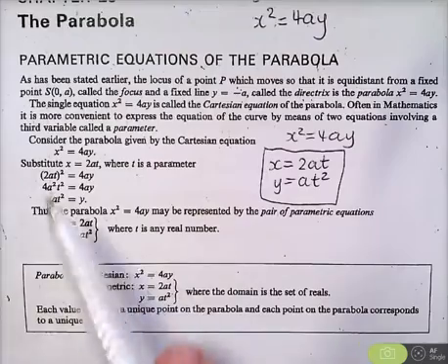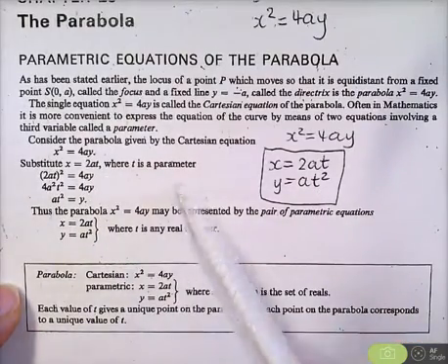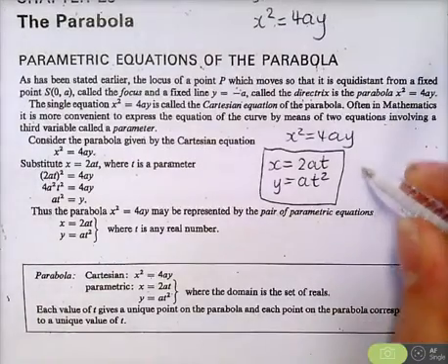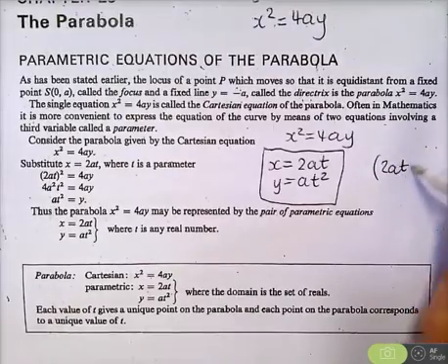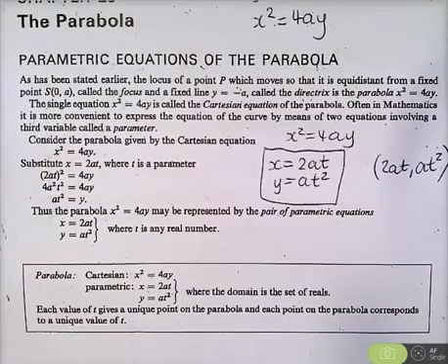Always with this type of parabola, instead of having x squared is 4ay, we're going to have a point on the parabola where the x value is 2at and the y value is at squared. So any point on the parabola can be written as (2at, at squared).